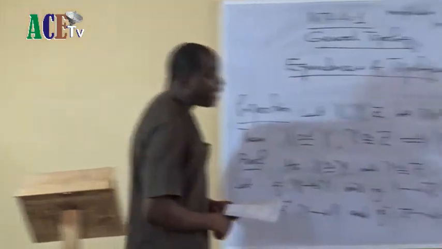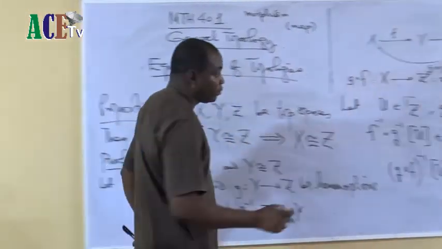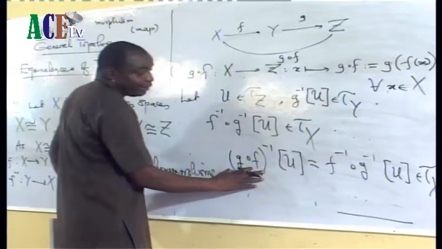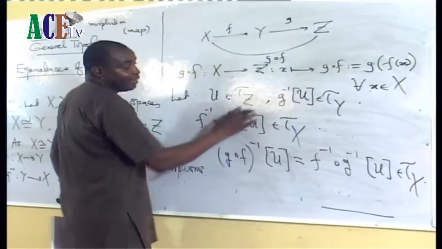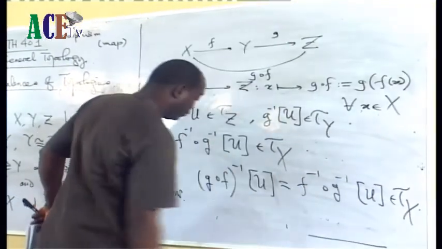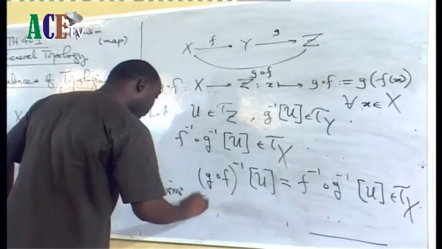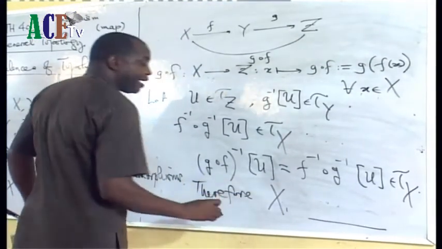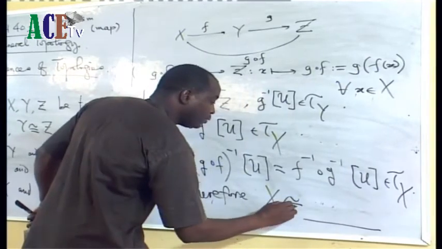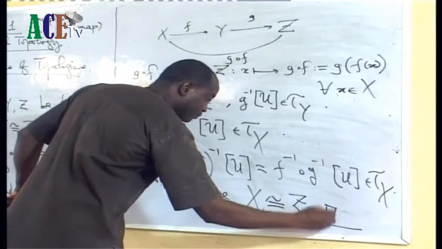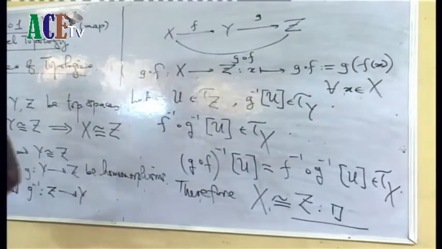By this conclusion, U is in tau Z, and we have taken this inverse, have taken an open set in tau Z to an open set in tau X. Therefore, X is homeomorphic to Z. That's the end of that proof.